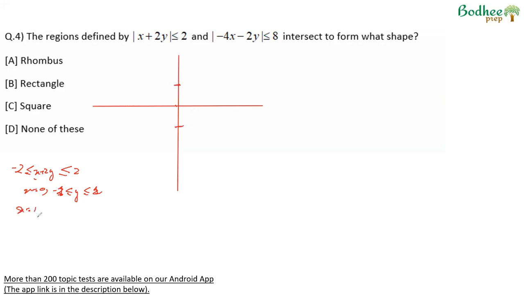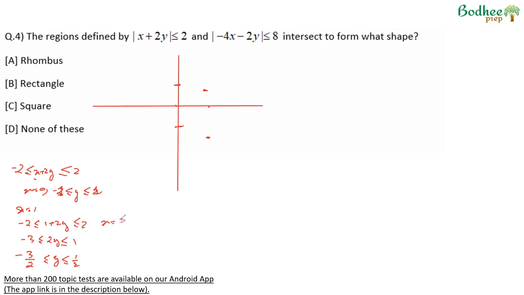When x is equal to 1, we'll get minus 2 less than equal to 1 plus 2y less than equal to 2. Minus 3 less than equal to 2y less than equal to 1, subtracting 1 throughout. Divided by 2, minus 3 by 2 less than equal to y less than equal to 1 by 2. So when x is 1, y would be everything from 1 by 2 to minus 3 by 2.